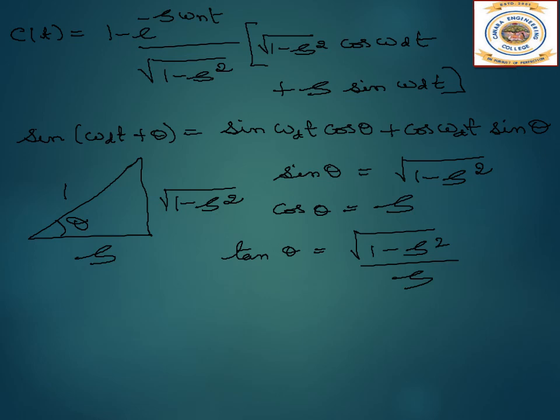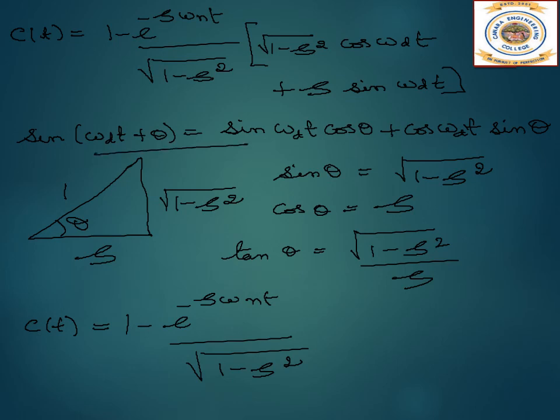Hence, I can write over here C of t is equal to 1 minus e power minus zeta omega n t divided by root of 1 minus zeta square. Okay. So this I get from this triangle. So sine theta here, so this we get as sine omega d t plus theta.